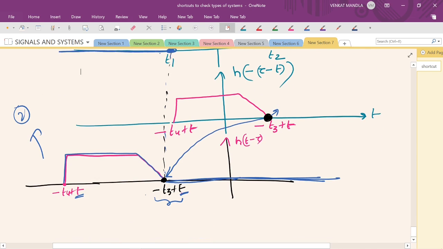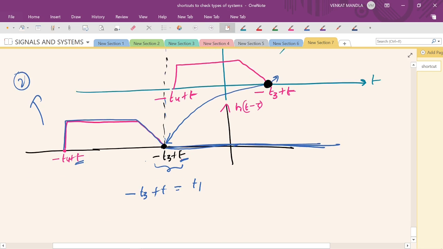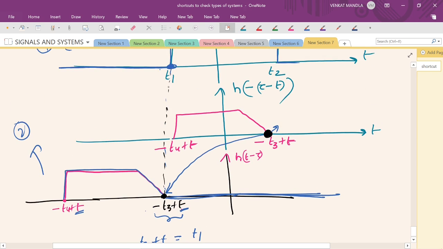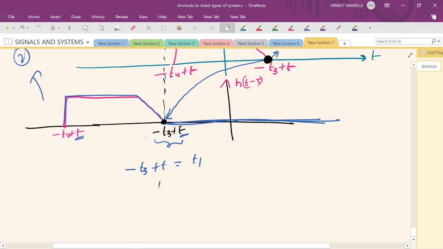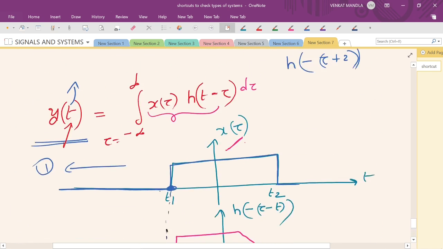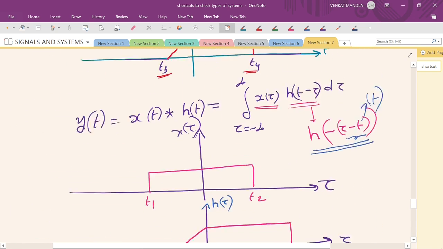That is the leftmost point. So I will equate this minus t3 plus t to t1. What you get is t equal to t1 plus t3. If we choose t such that t equals t1 plus t3, what is t1 plus t3 here?